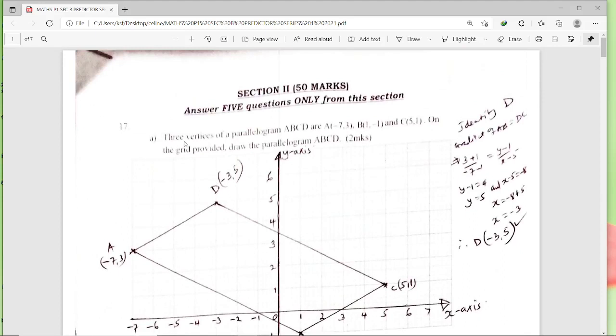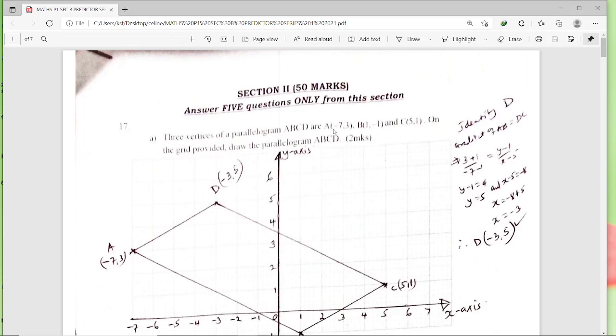Three vertices of a parallelogram ABCD are A(-7, 3), B(1, -1), and C(5, 1). On the grid provided, draw the parallelogram ABCD.